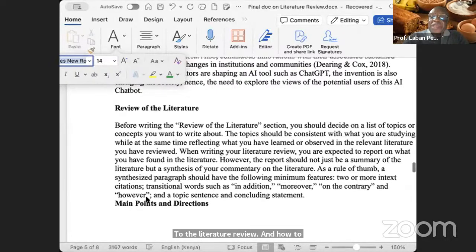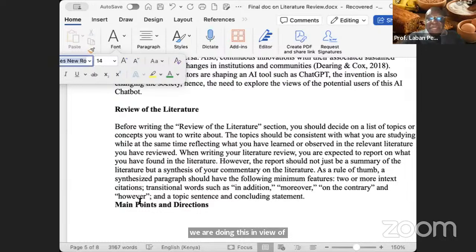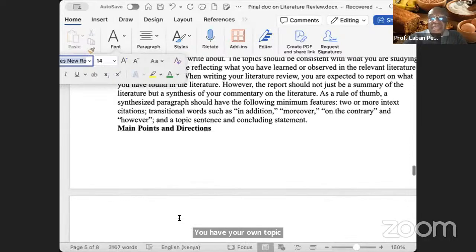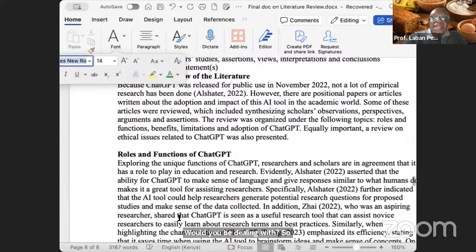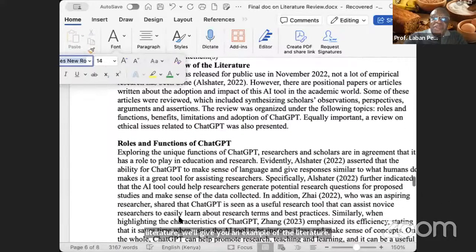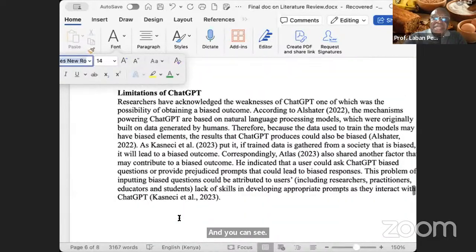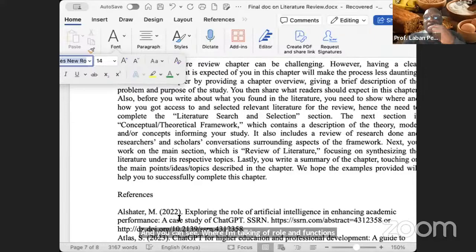And we are doing this in view of the topic ChatGPT, but you're not doing ChatGPT. You have your own topic, which you'll be dealing with. So we'll go through the literature, we'll give you an example of the literature, and you can see where I'm talking of role and functions of GPT, limitations of ChatGPT, and so on, and summarize that chapter.